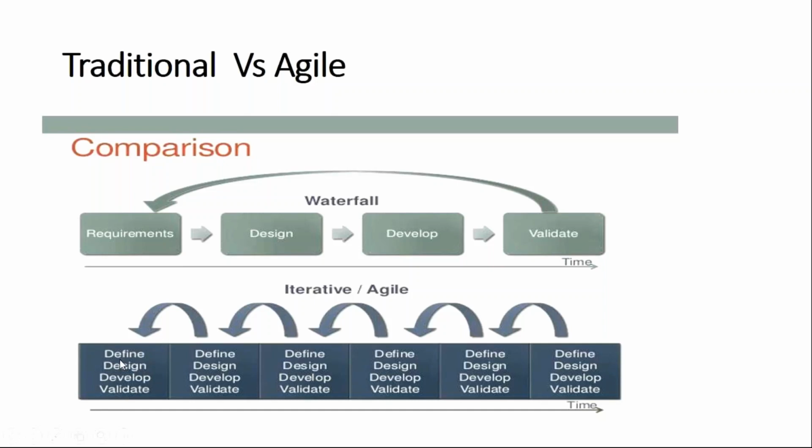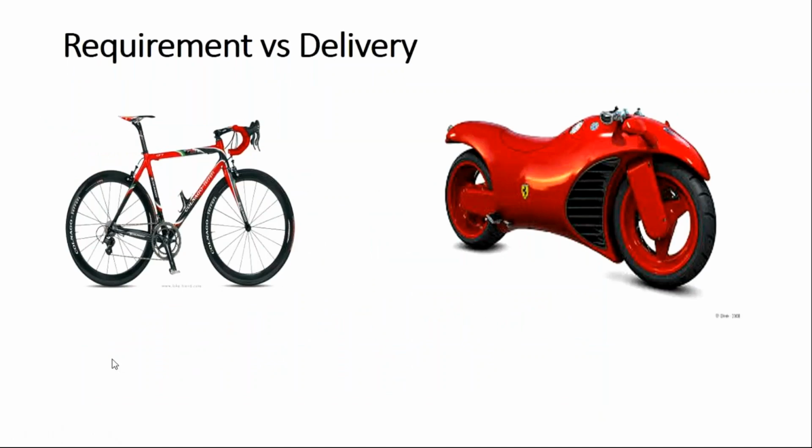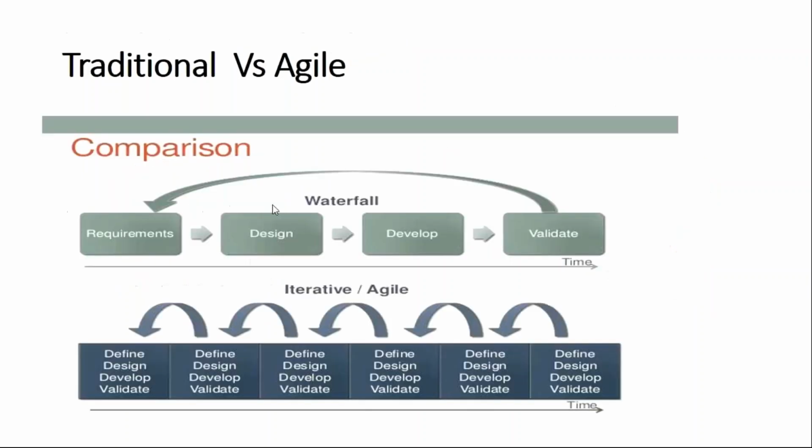So what was the requirement and what delivery has happened? In a typical agile, the most complex thing is taken first, not at the last. In this case, it will be the wheels. So if that has gone wrong in the very first sprint, we have enough time to take care of it.